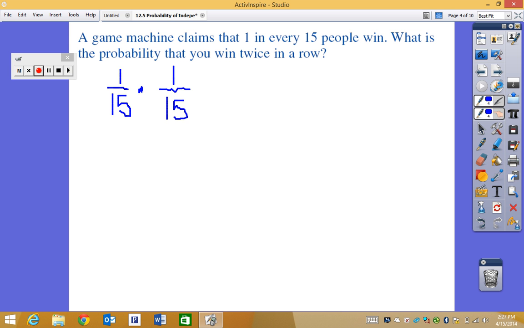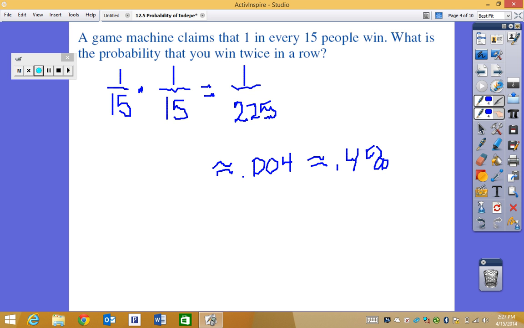So we multiply the two together. 1 out of 15 times 1 out of 15 is 1 out of 225, which is approximately 0.004, which is approximately 0.4%. Again, these are independent events because you start fresh each time.